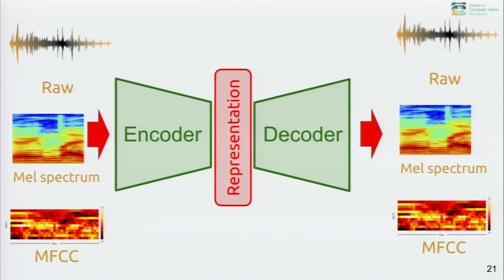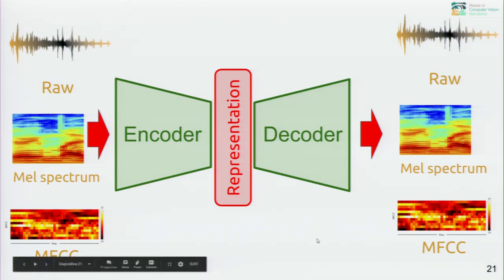While in images, I think that in most architectures we discuss, we feed the pixels directly into the neural networks. We don't do something before. In many audio works, first they extract things like the Mel spectrum or MFCC coefficients, and in the end they often contain spectral information, in terms of frequencies, because they know for sure that that's very important.